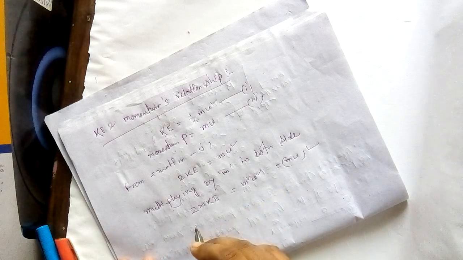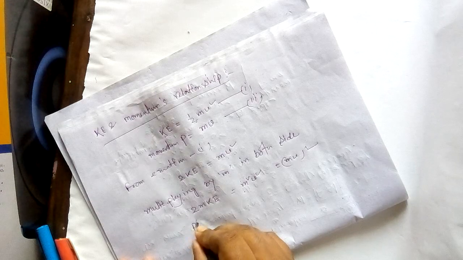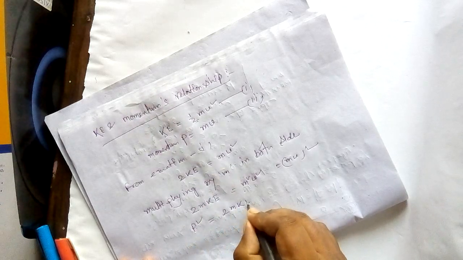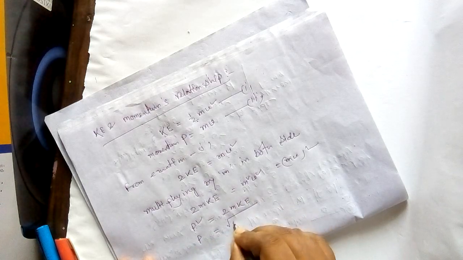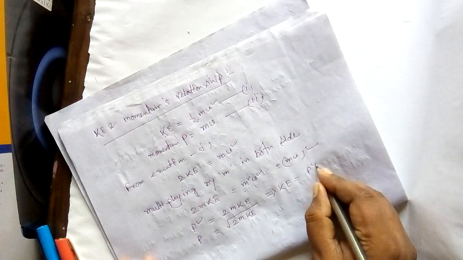So mv whole square is what? It is the momentum square, that is p square. P square equals twice m into kinetic energy, and from here P equals root over twice m into kinetic energy. Or in other way, from here we can write kinetic energy is equal to P square by 2m.